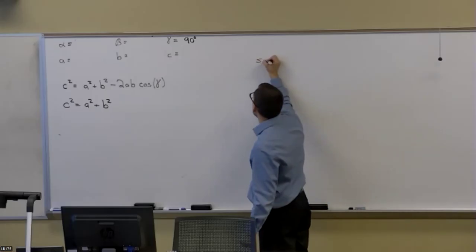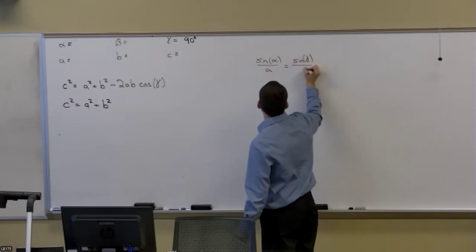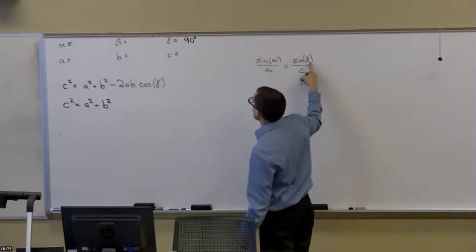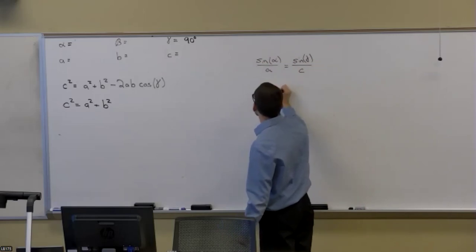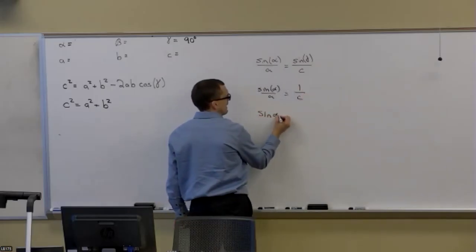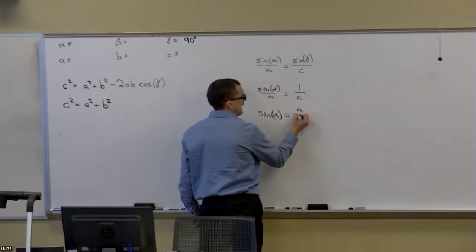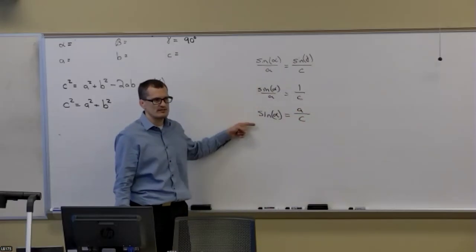If you take the sine of alpha over A equaling the sine of gamma over C, well, if gamma is 90 degrees, sine is 1. And that says sine of alpha is the side opposite over the hypotenuse if we have a right triangle.